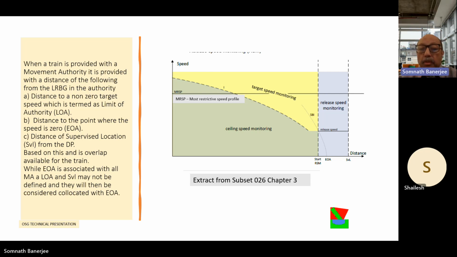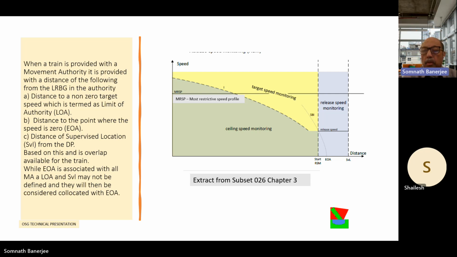Generally, immediately after every end of authority, there is a point known as a danger point, and the target, when we say the distance that a train is allowed to travel, is based around that end of authority. Now, that end of authority can be preceded by what is known as a limit of authority.